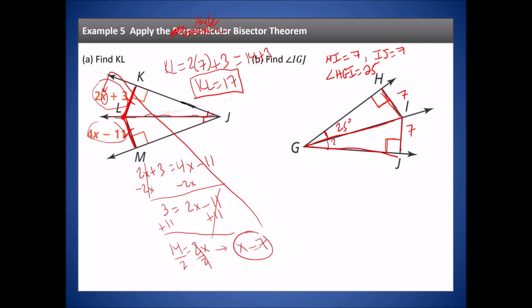Now, since we know that these are 7, that means that these two distances are the same. And if these two distances are the same, then we're going to be using the converse of the angle bisector theorem. So that means that this is a bisector, which means that these two angles are the same. And so if this is 25, then this is 25. So now we know that the measure of angle IGJ is 25 degrees.